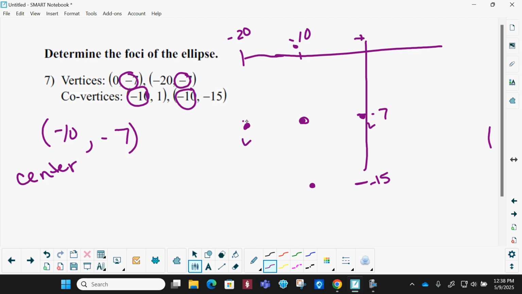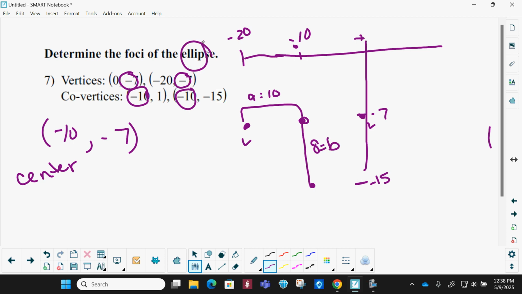So from here to here, again, you can graph it or, excuse me. Thank you. And so my A value will be 10. And then from here, that should be 8. That will be my B value.